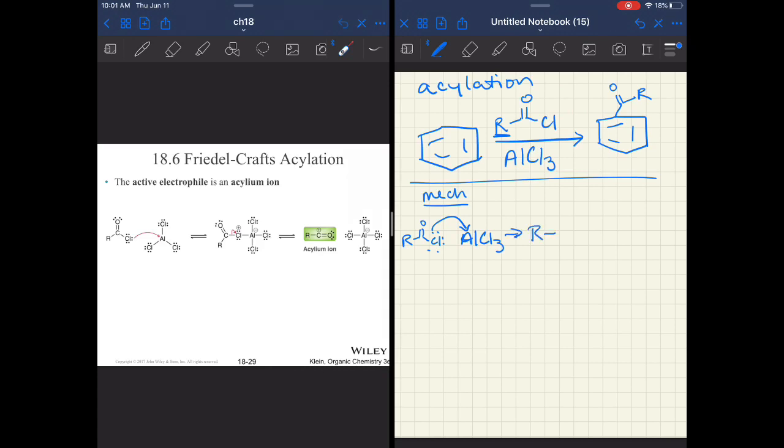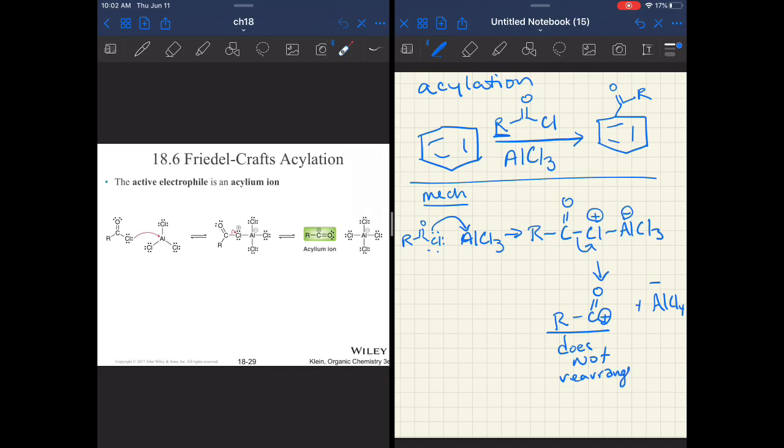You are going to make this complex, just like we've seen in the past, where we have a plus charge on the chlorine, a minus charge on the aluminum, and then this bond can break. Now, what we have created here, and then the AlCl4 is over there, is an acylium ion. This does not rearrange. So this handles your rearrangement issues.